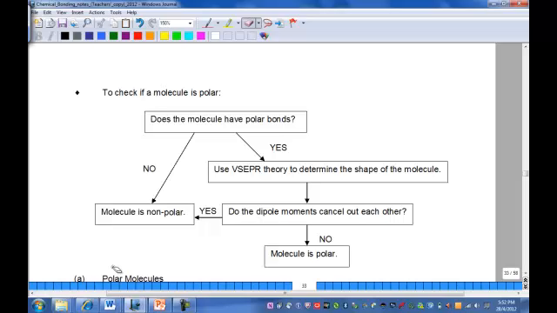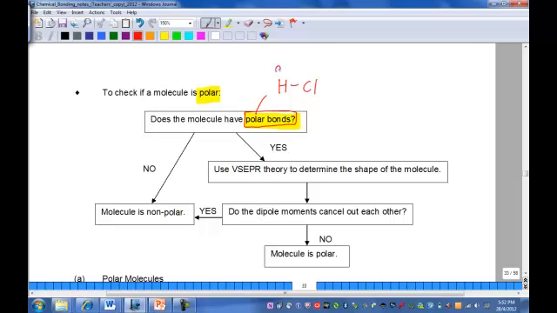You will see this flow chart. This flow chart teaches you how to check if a molecule is polar or not. Very simple. Does the molecule have polar bonds? In this case, ask yourself, what do you mean by a polar bond? For example, a polar bond will be something like HCl.